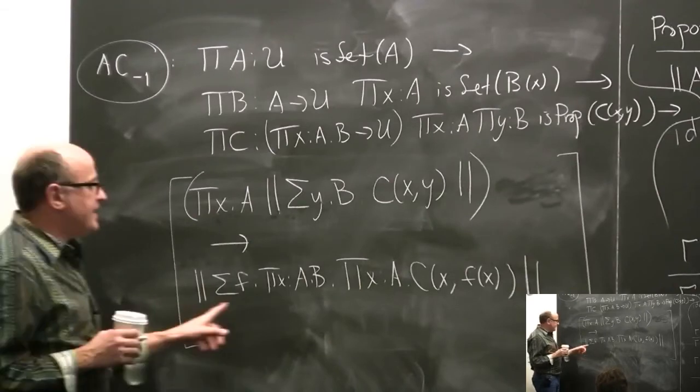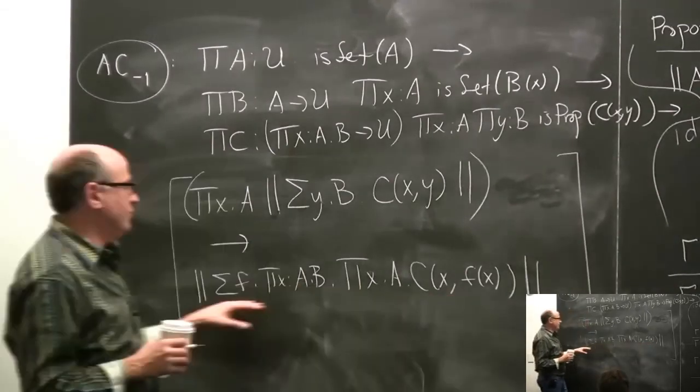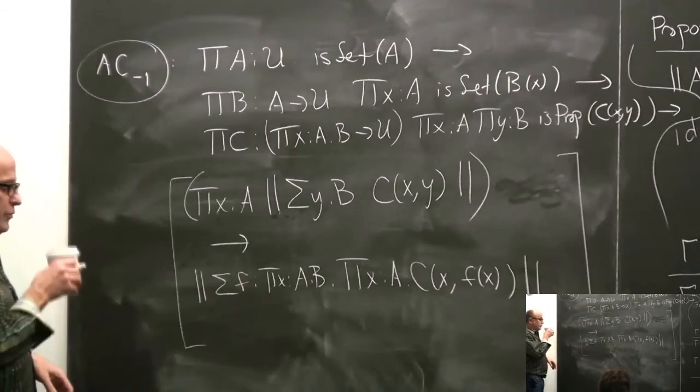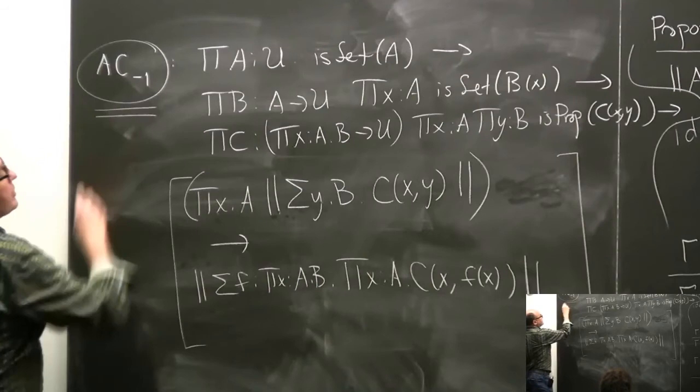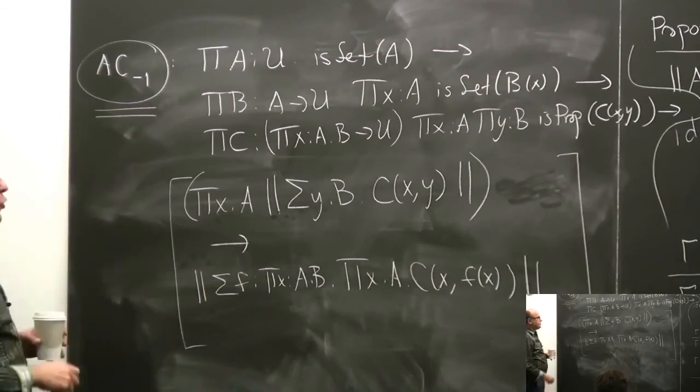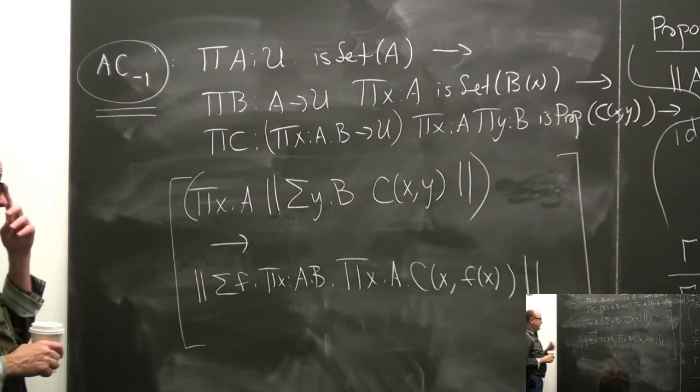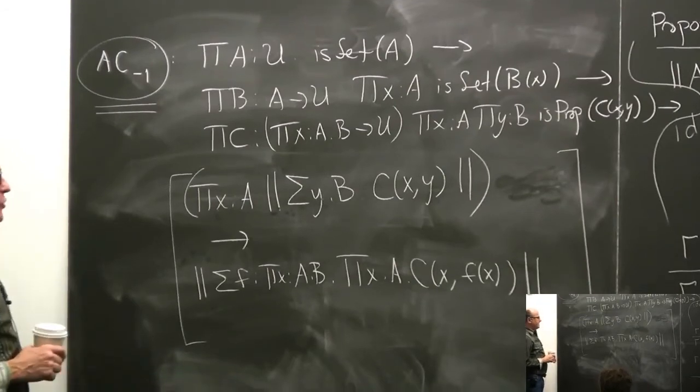And that's the idea, that this type is inhabited. That's what would be the claim. That's what you would do. Okay, so this, I claim, is much closer to expressing what you mean by the axiom of choice.